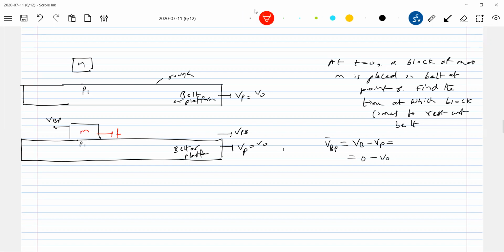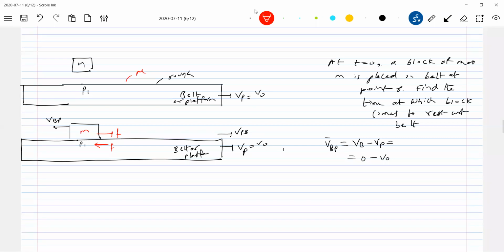Then the friction on the belt, I should show here only, below that one. Let this friction coefficient be mu. So what is this friction?